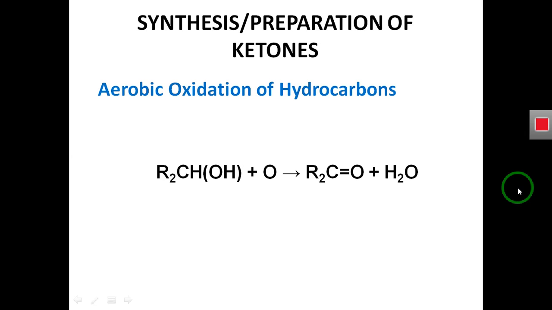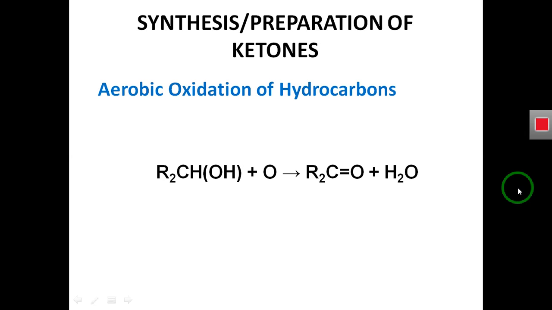And what is oxidation? Oxidation means the addition of oxygen to an organic molecule. Aerobic oxidation means addition of oxygen in the presence of air, or you can say simply that aerobic oxidation is the process in which a molecule is oxidized in the presence of air.